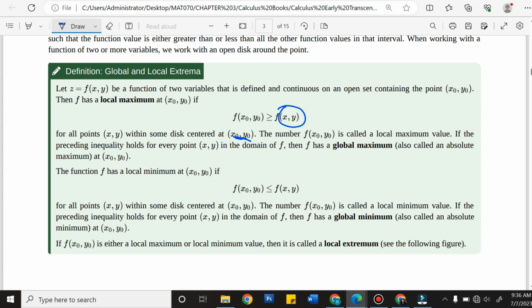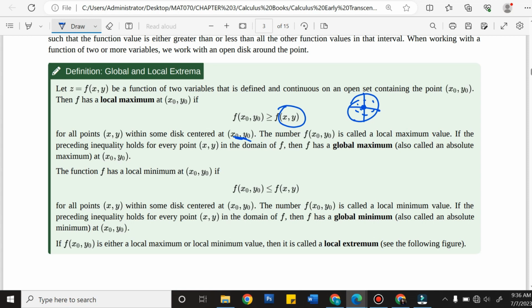Again, kaning xy is any point in your disk. Sagahan na siya diha. Pero kaning x sub o, y sub o will only be the center. The number f of x sub o, y sub o is called the local maximum value.